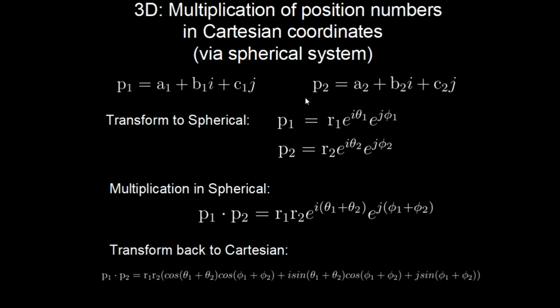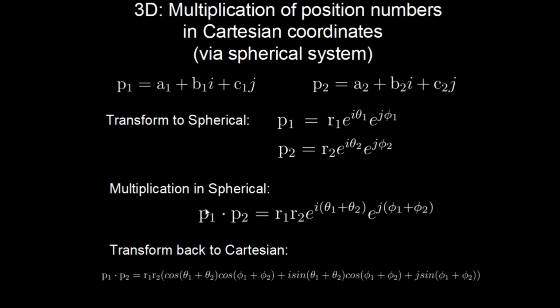On the other hand, in reality, the multiplication of the two position numbers represents a vector rotation by another position number, and obtaining the correct multiplication result is meaningful for practical applications, so we may take an alternative approach via the spherical system instead. First, transform the two position numbers into spherical coordinates.